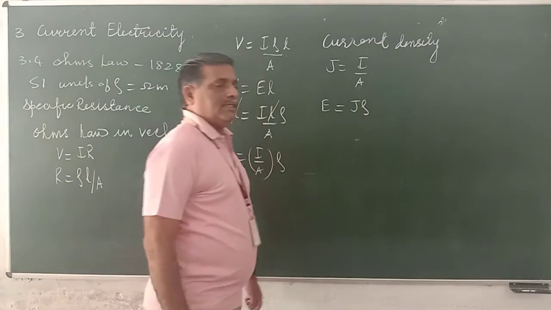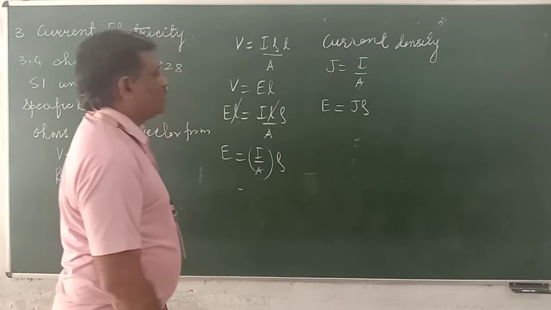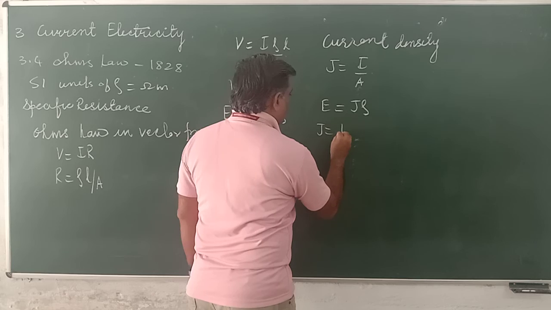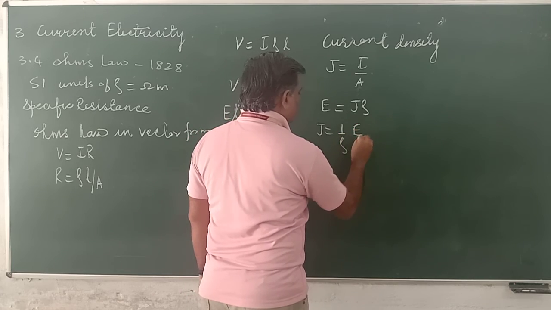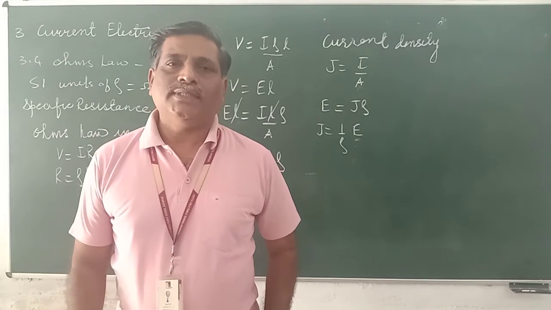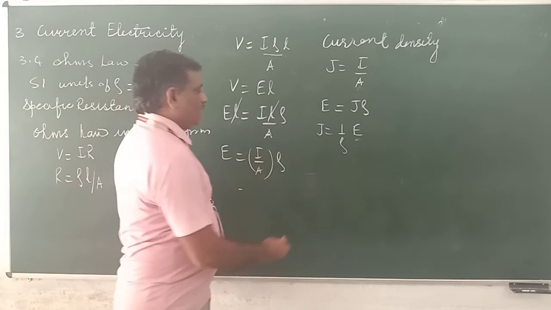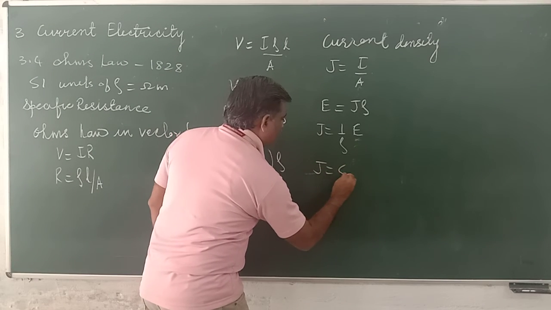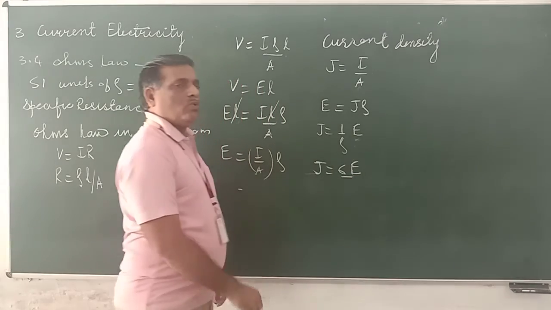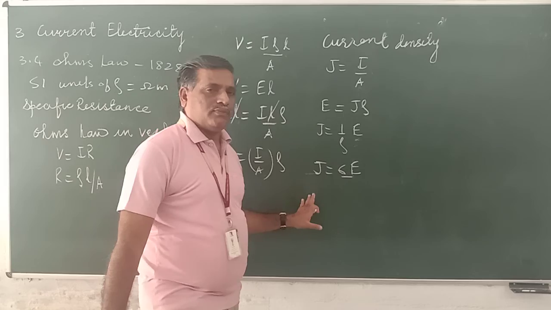Taking rho to the other side, J is equal to 1 by rho times E. The reciprocal of resistivity, 1 by rho, is nothing but conductivity sigma. So J is equal to sigma into E. This is Ohm's law in vector form.